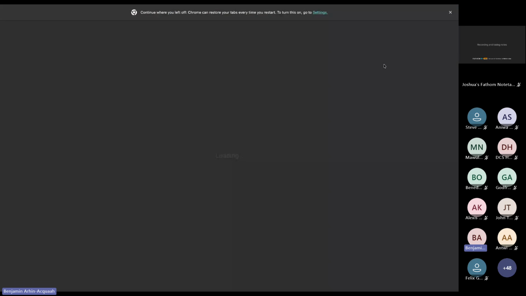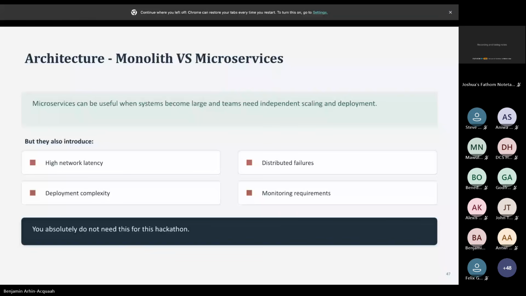So, as he said, microservices are more distributed in nature, right? Microservices are independent services that talk to each other, but they are all independently deployed, right?